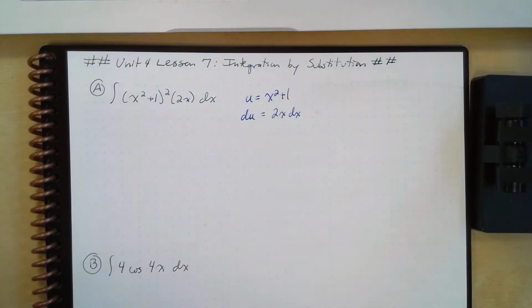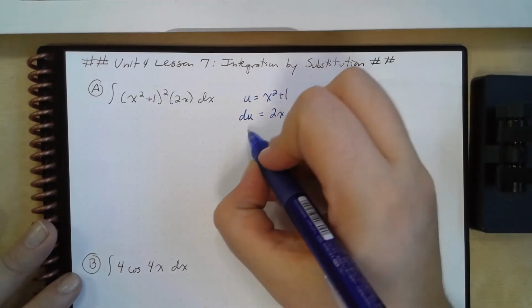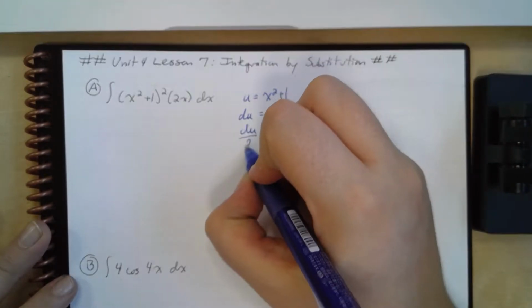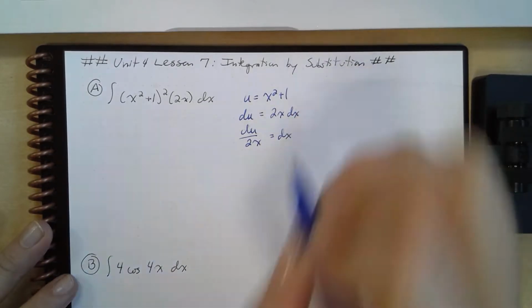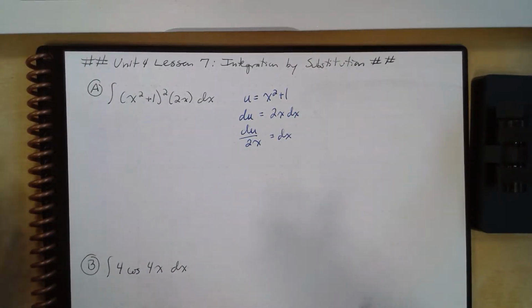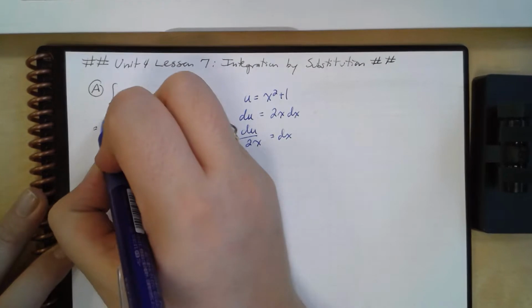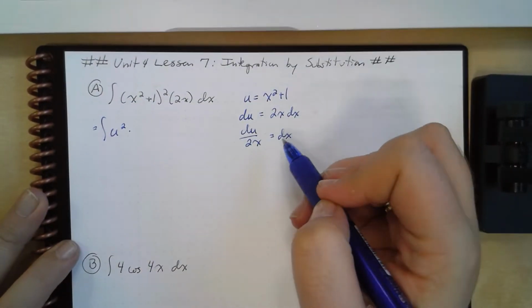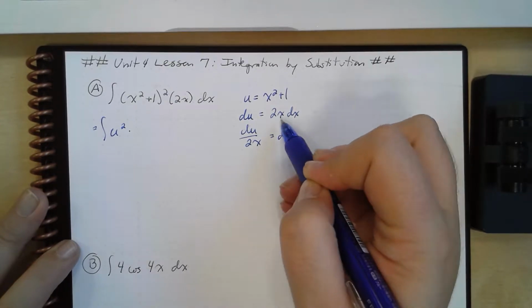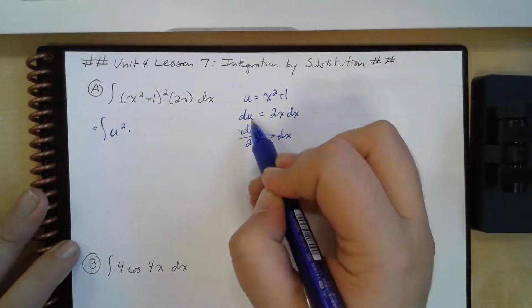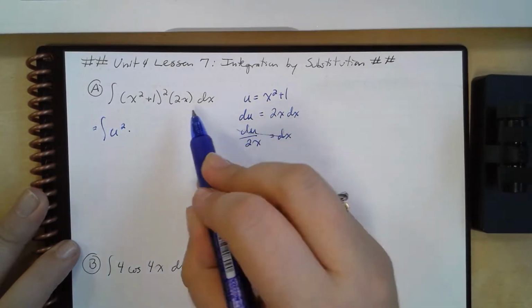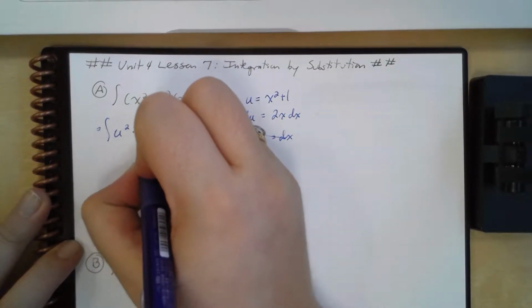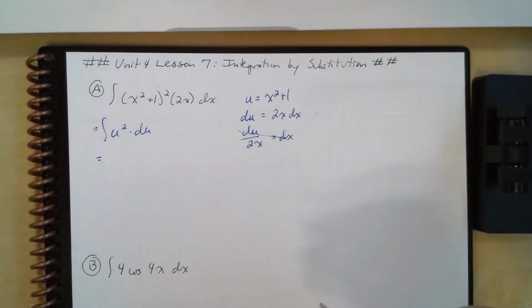So du over 2x is going to be equal to dx, okay? That's important information because then we can rewrite this integral. Now this is equal to u squared times du, since du is equal to 2x dx. So then I can take the integral here.